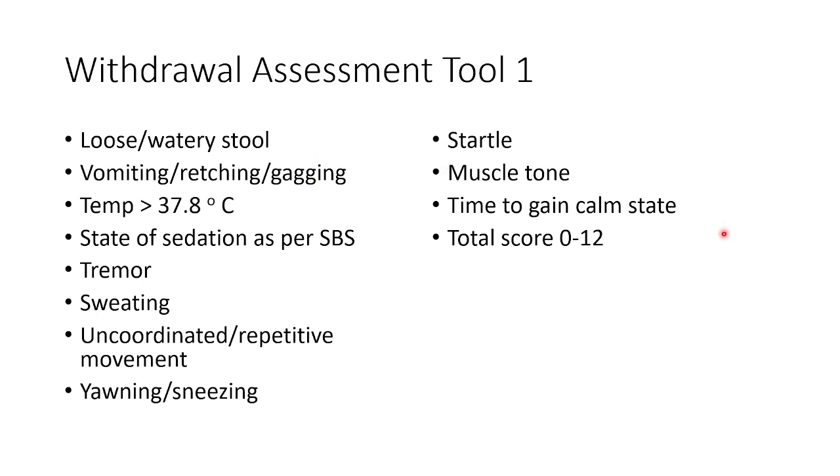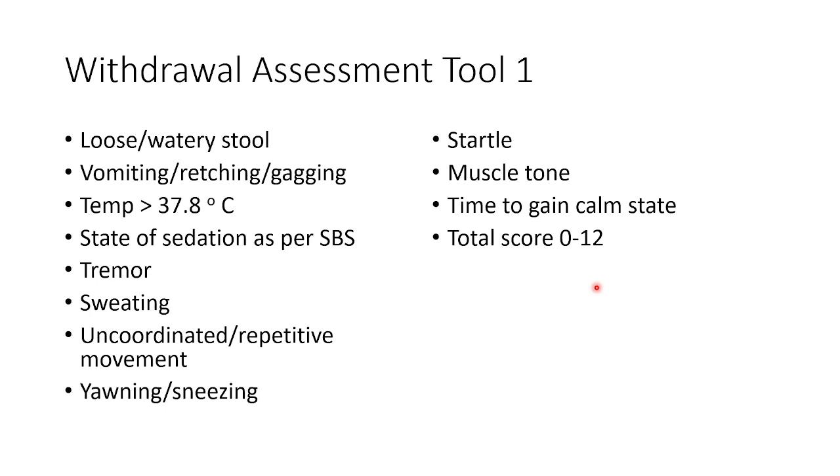It assigns a value of 0 for no or 1 for yes to the following factors: loose watery stools, vomiting, retching, gagging, temperature 37.8 or more, and the state of sedation. The state of sedation is assessed by observing the patient for 2 minutes, whether asleep, awake, calm, or distressed, and the presence of tremor, sweating, yawning, sneezing.